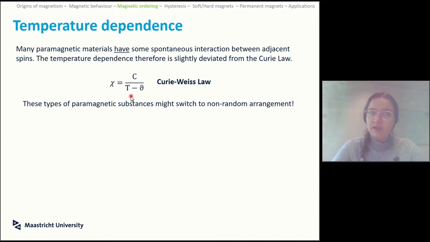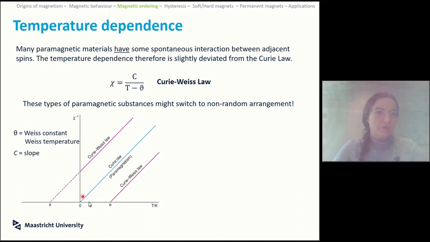So your susceptibility, instead of being perfectly inversely proportional to temperature, has a correction point. This just shifts your curve. And the types of paramagnetic substances have a slightly different behavior as they go to a point of interaction.